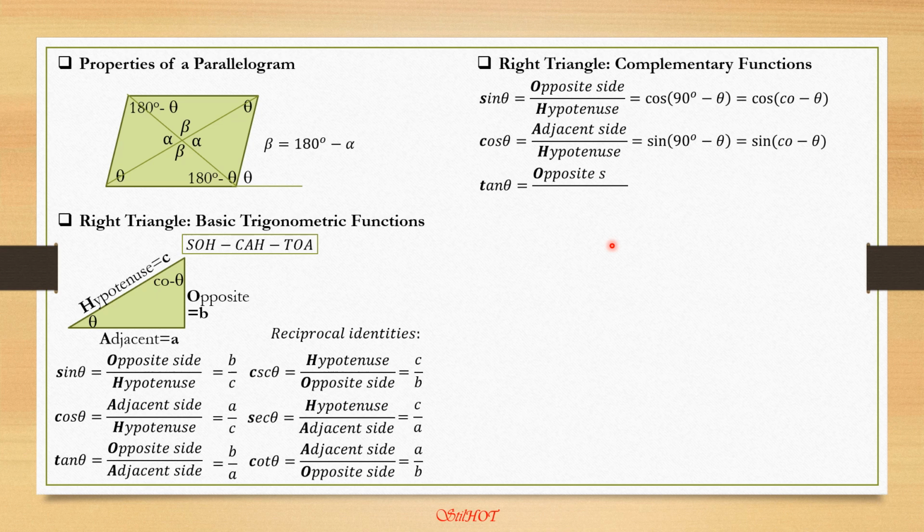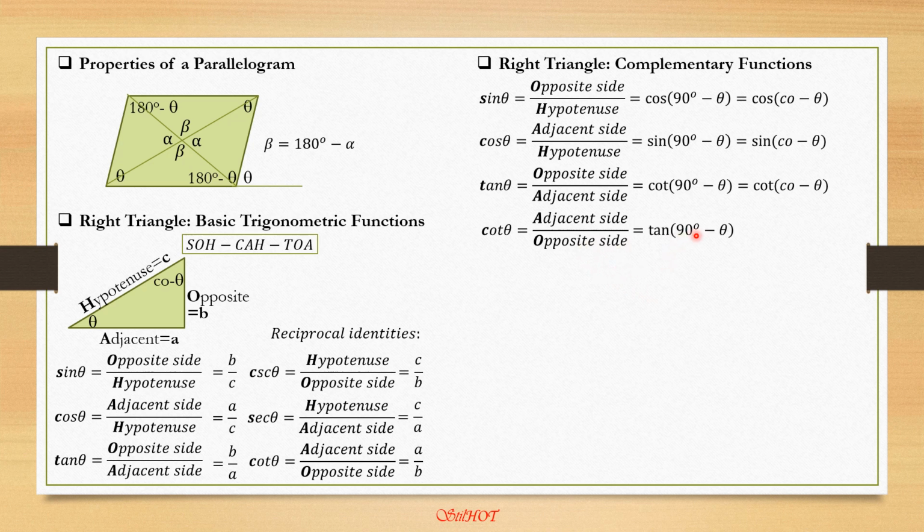Then tangent of theta is opposite side over adjacent side, so it is the cotangent of 90 degrees minus theta, or simply cotangent of co-theta. Co means complement. Cotangent of theta is adjacent side over opposite side, and it is the tangent of 90 degrees minus theta, or simply tangent of co-theta.